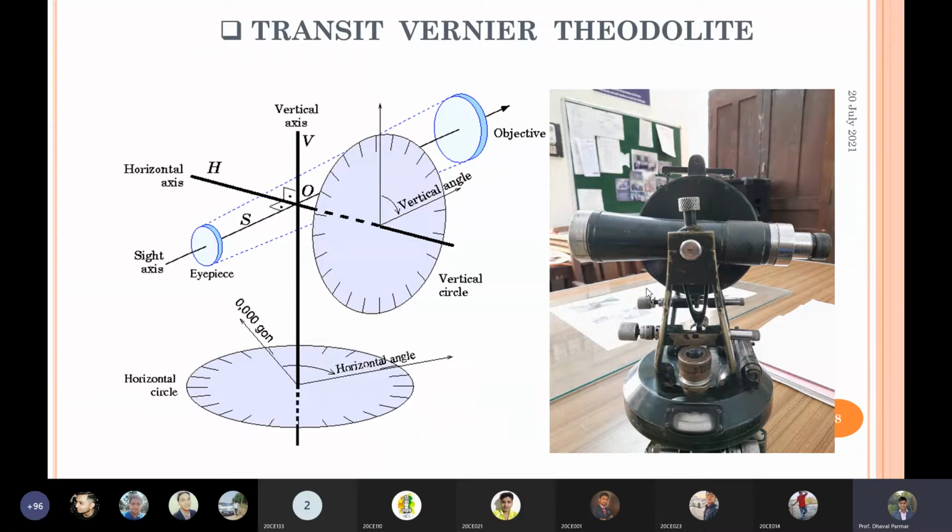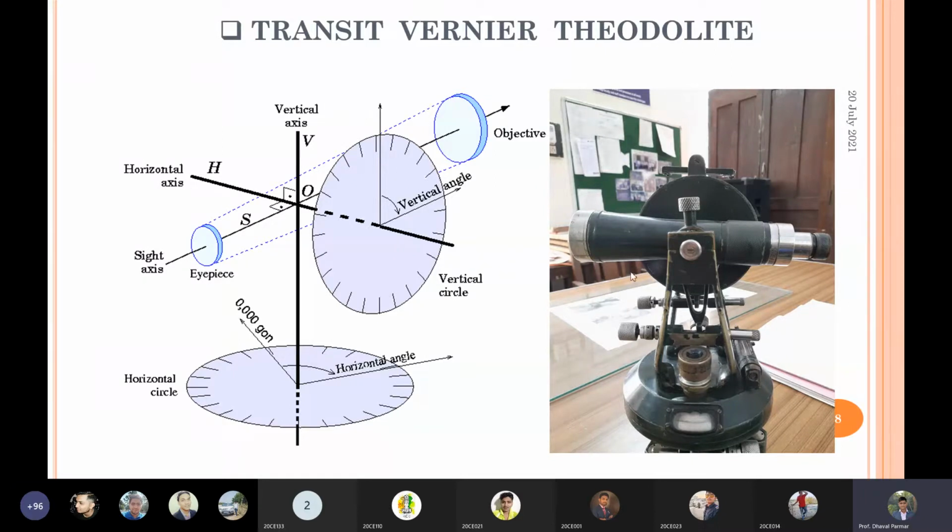Understood? Now in the figure you can also check: this line indicates the vertical axis and the horizontal line indicates the horizontal axis. And this one is the telescope. The first one is the objective piece and the second one is the eyepiece. Here you can bisect the object and measure the reading.